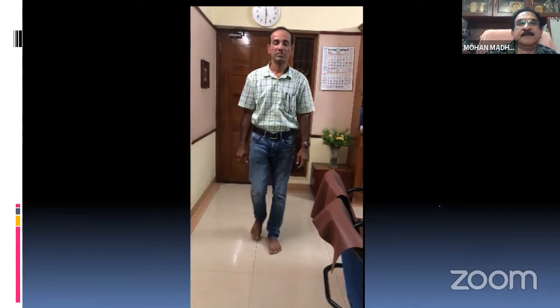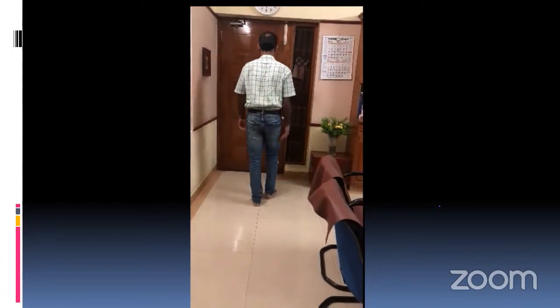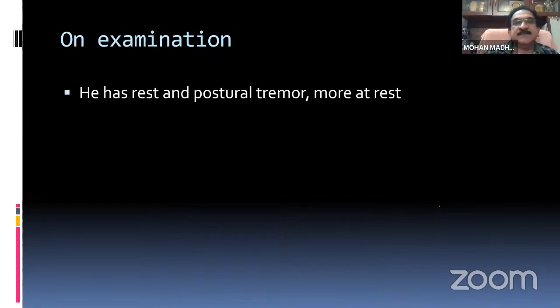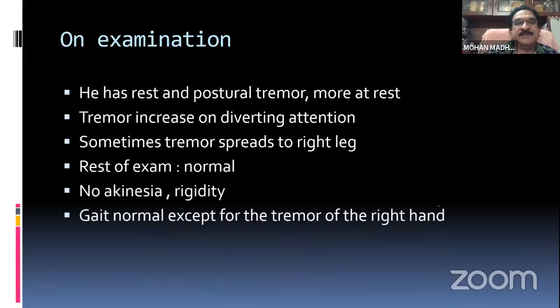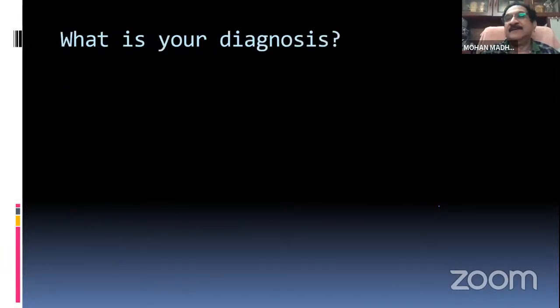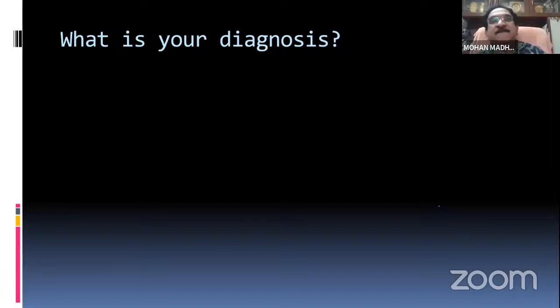Go on walking. So, it's a rest and postural tremor, more at rest, increased on diverting attention. So, what do you think is happening? Yes, what is your opinion? Parkinson's. Tremor dominant Parkinson's. 15 years with no other features of Parkinson's.